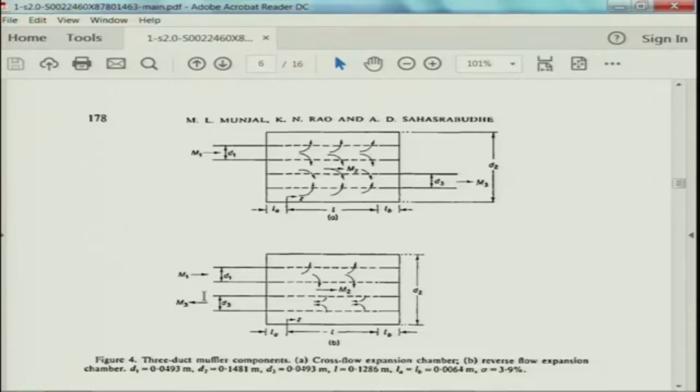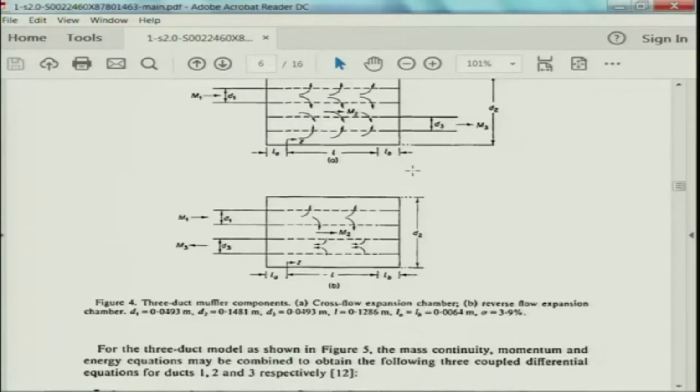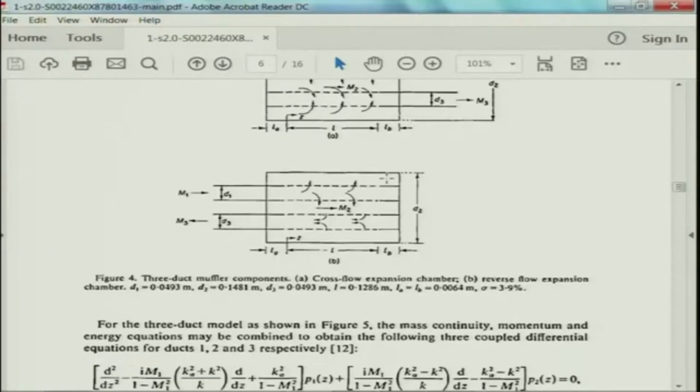When it does so, it definitely experiences much more back pressure than the straight through one, but the back pressure problem is not that much compared to the case where you leave it completely open ended, because of the perforates and especially because the flow has these paths. This will basically guide the flow. So the back pressure, although a bit more than the straight through element, can still be tolerable in the context of automotive exhaust systems.